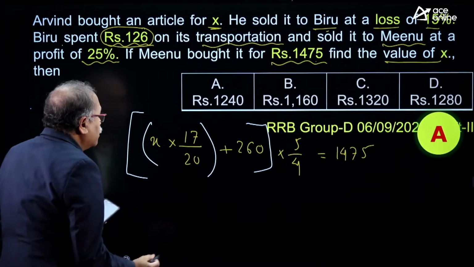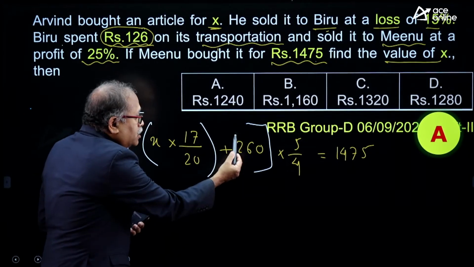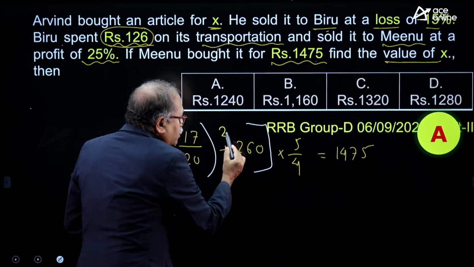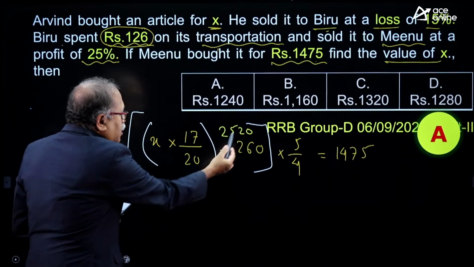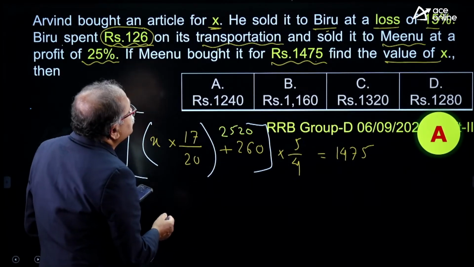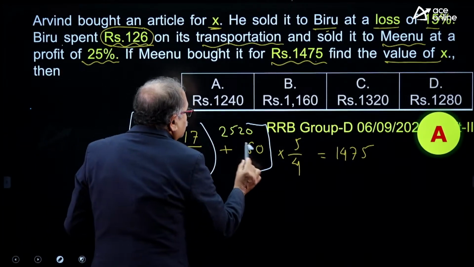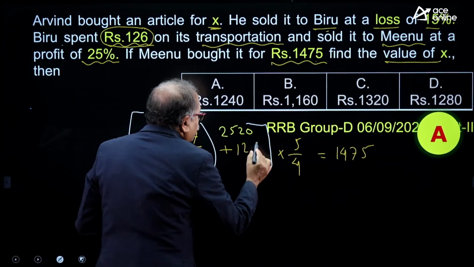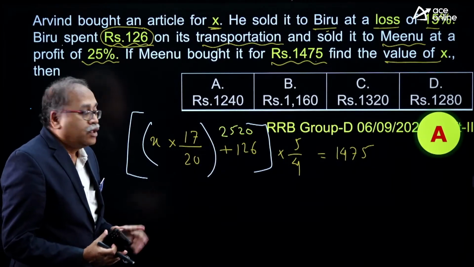Okay. Now, what I am going to do over here. This is 17x and I will multiply this one by 20. The 126 is doubled to 252 followed by 0.